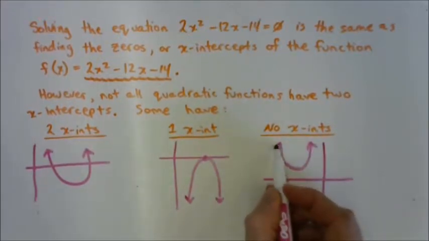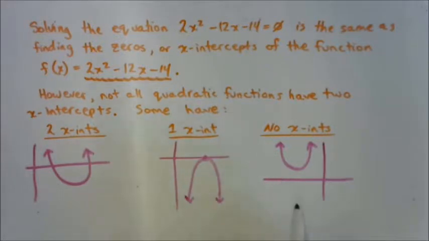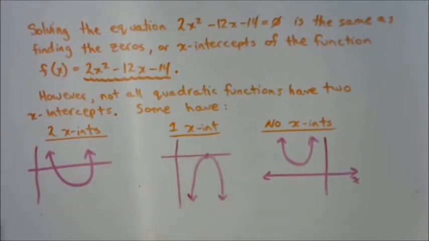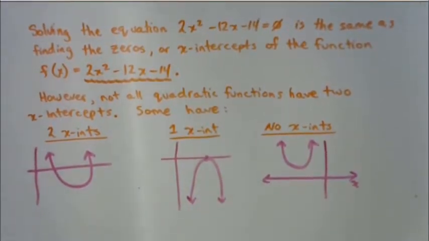That's simply if the parabola never crosses the x-axis. Okay? Today we're going to learn more about how we figure out if they do or don't cross the x-axis based on the equation itself and some math work that we do with it.